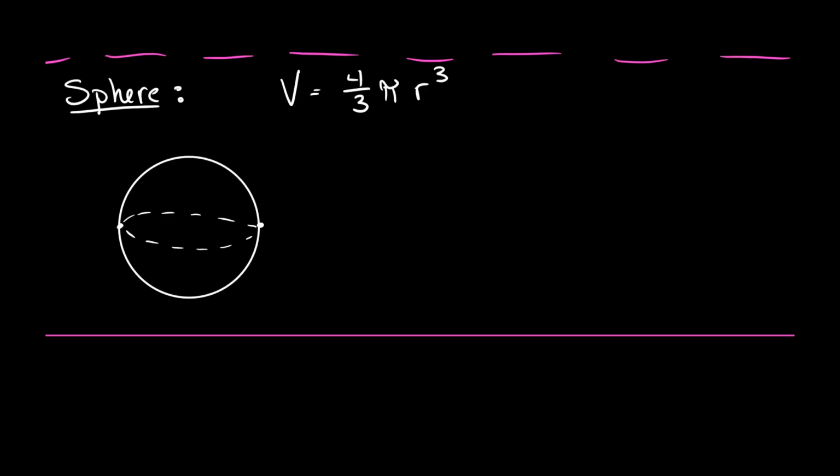And there's your sphere. Another oval inside the circle. And then we're just going to put a dot in the center and draw a line to the edge.